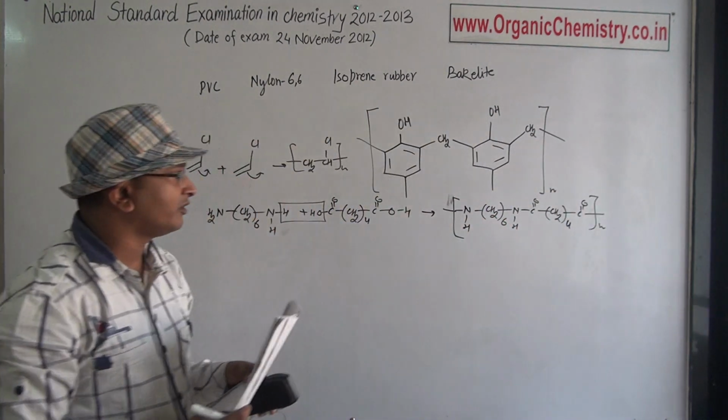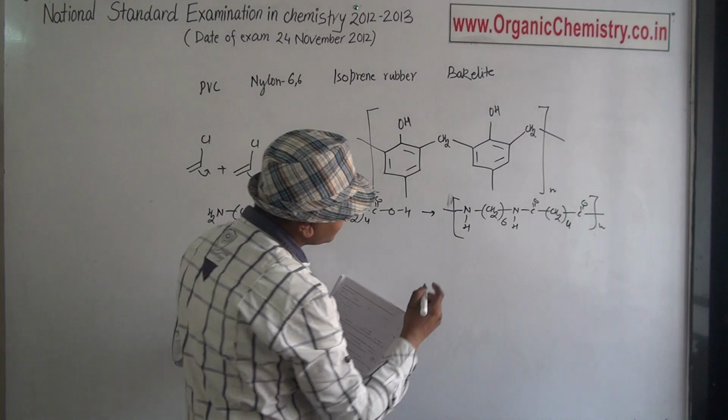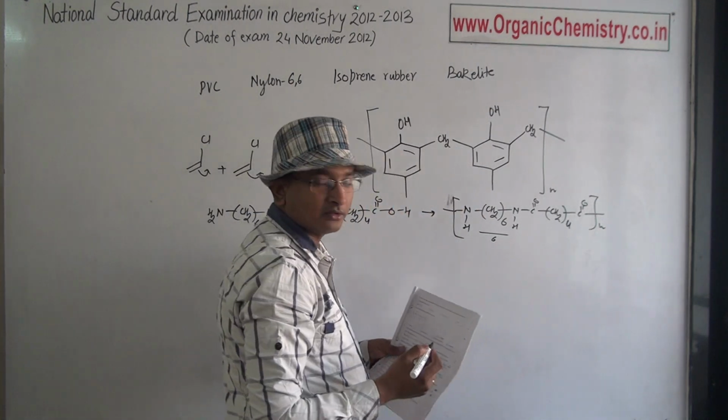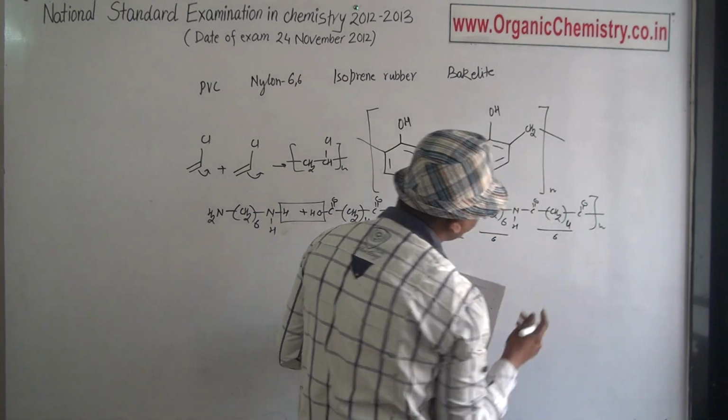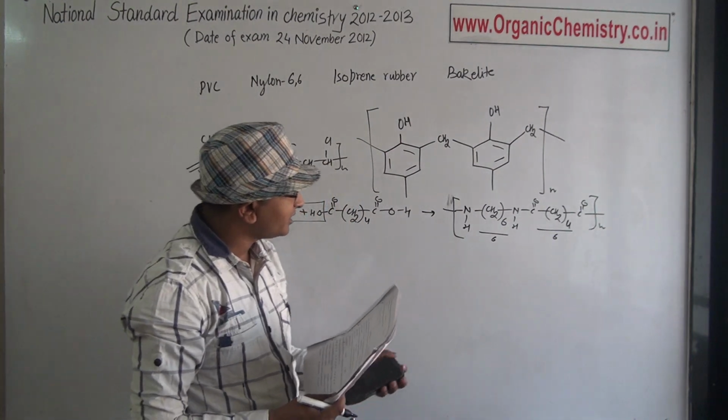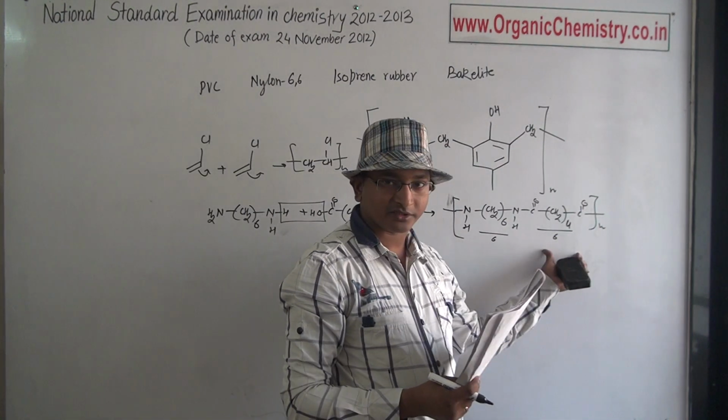Here there are 6 carbons and this particular part also has 6 carbons. Therefore it is named nylon 6,6.